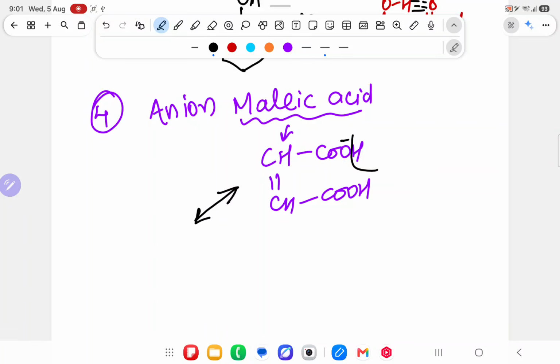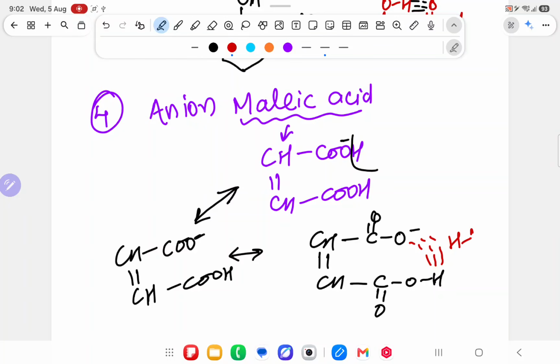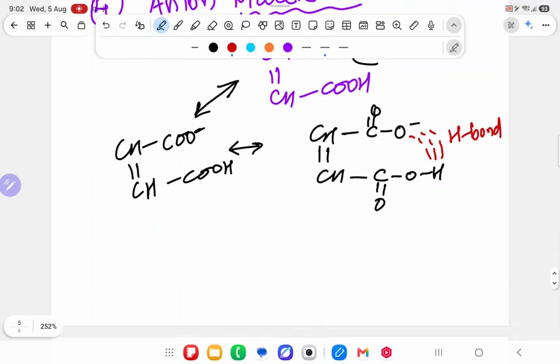One hydrogen you will remove, minus will come, meaning CH double bond CH, over here COO minus, over here COOH. If you draw this structure very properly, what will you get? CH double bond CH, over here C double bond O, O minus, over here C double bond O, OH, and in this part the O minus and H are forming a hydrogen bond. This is formed by only one compound, so it is also known as intramolecular hydrogen bond.